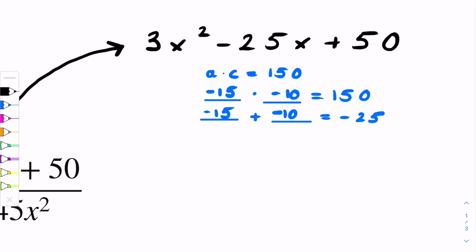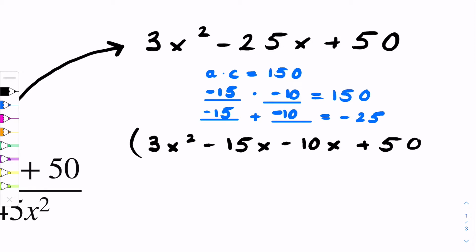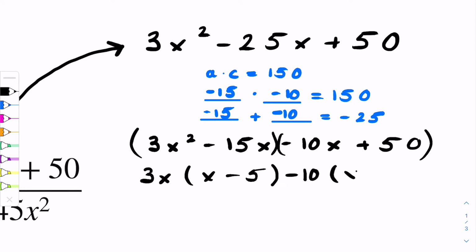So now I can rewrite my expression as 3x squared minus 15x minus 10x plus 50. Group the first two terms, group the second two terms. 3x, left over is x minus 5. -10, left over is x minus 5.